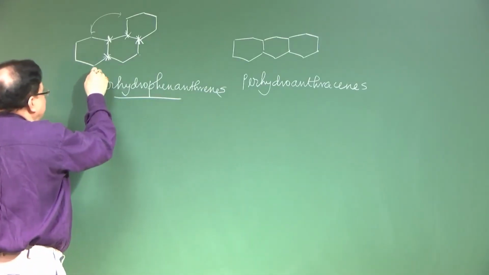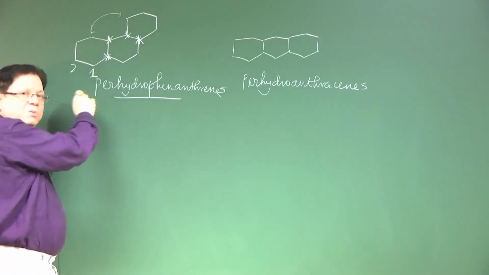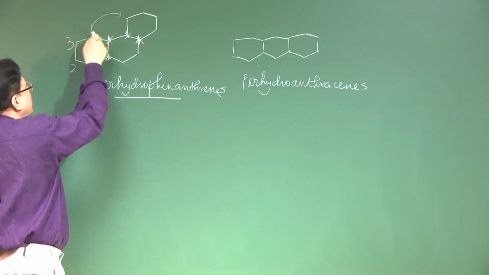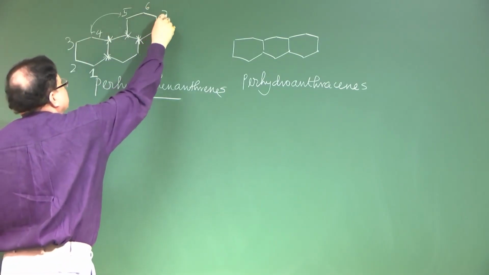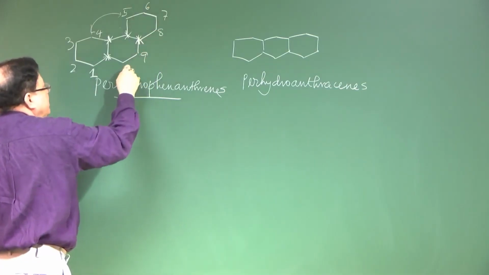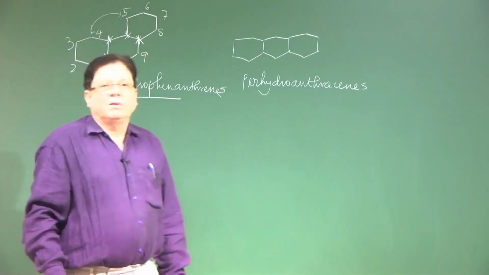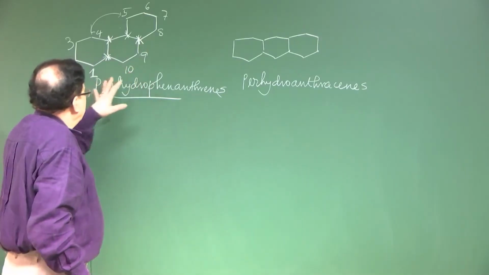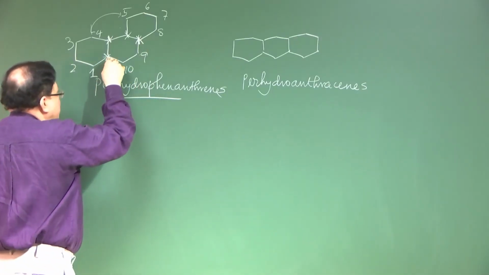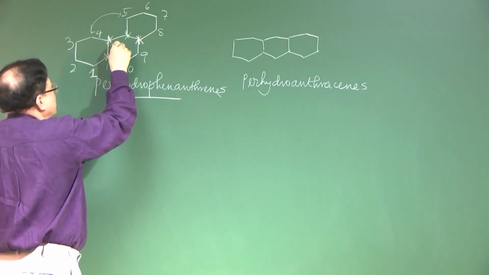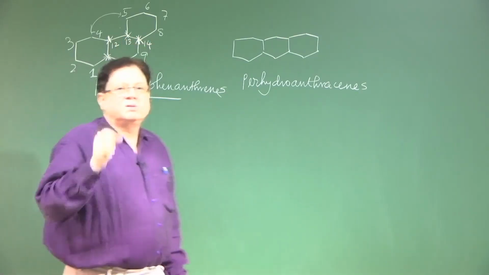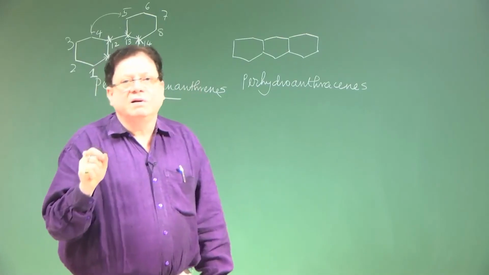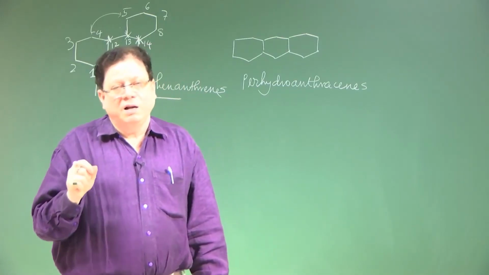So, you have to start from here: 1, 2, 3, 4, 5, 6, 7, 8, 9, 10. Up to that point is fine, 9, 10, and then you continue. So, this is 11, that is 12, that is 13, and this is 14. So, the stereogenic centers are C11, C12, C13 and C14.